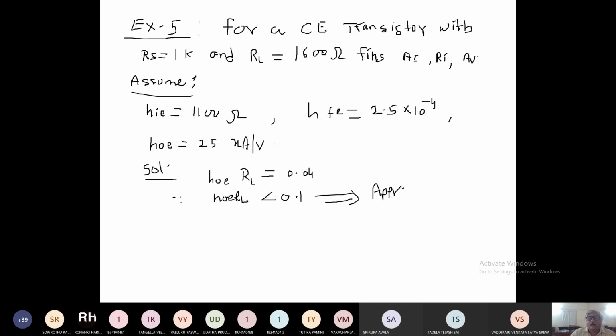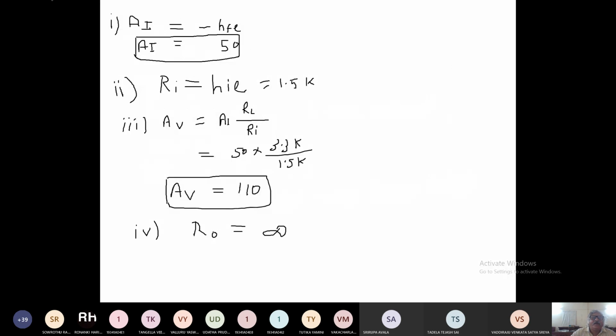So it is simple now, simply you can find the values. If you go for approximate analysis, then you don't need the value of HRE. HRE is not required anywhere, because current gain is HFE, RI is HIE, and voltage gain we are using AI, RL, and RI.